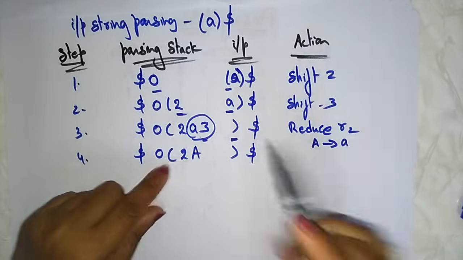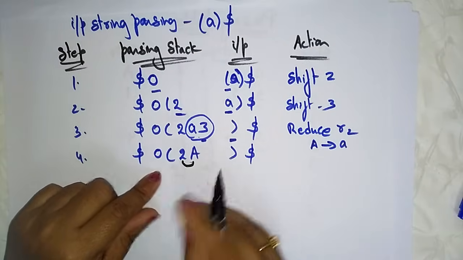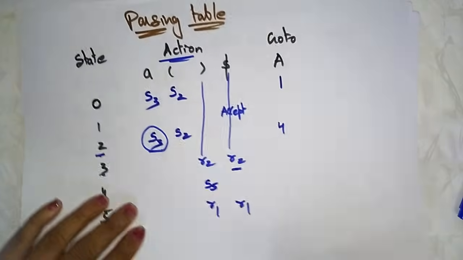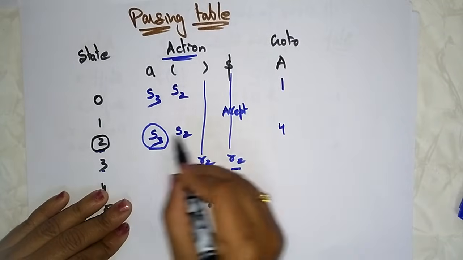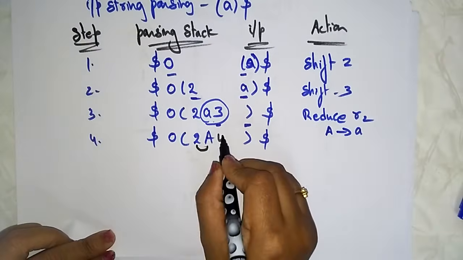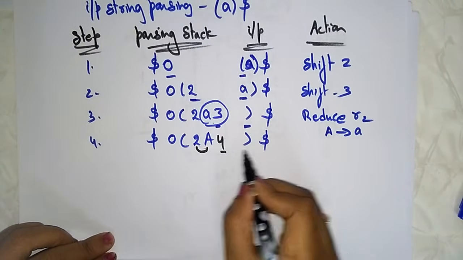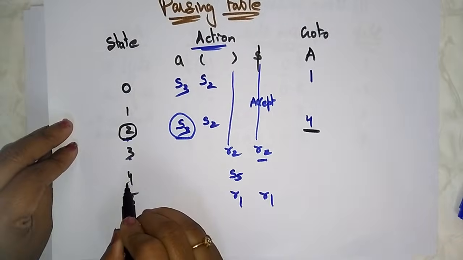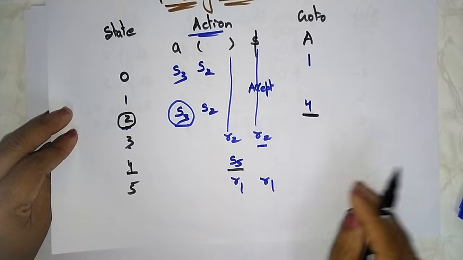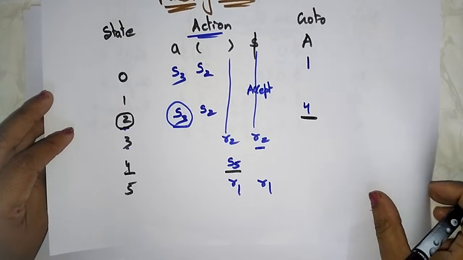So what I have to do? I have to check the state 2 of A. The state 2 on A consists of 4. So just write the 4 here. Now check 4 and right parenthesis. What is the 4 and right parenthesis? The 4 and right parenthesis consists of S5, which means shift.